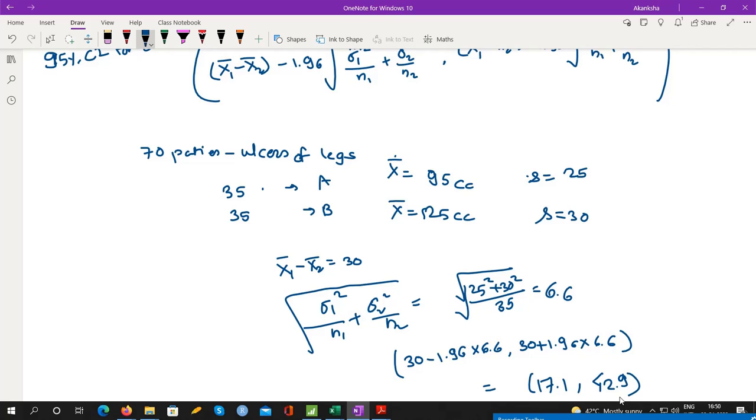So this means that my confidence interval again is, oh, there is some problem. Can you see the problem? Can you see what went wrong? Hello?